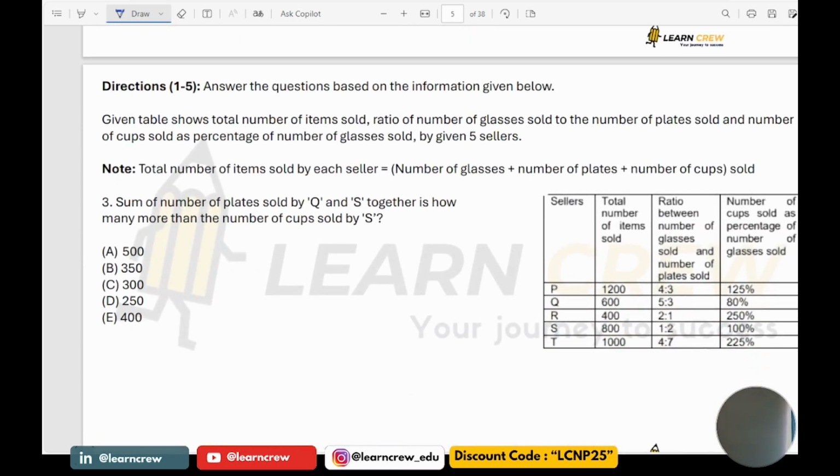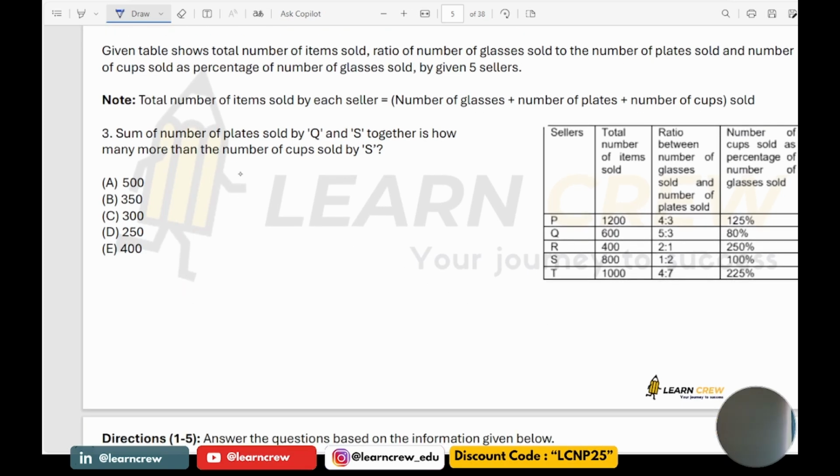Now, question number 3. The sum of the number of plates sold by Q and S together: 150 plus 400, which is 550. 550 is how many more than the cups sold by S? Cups by S is 200.